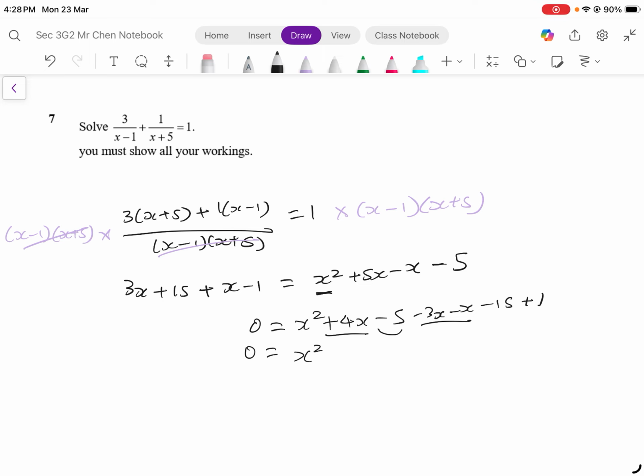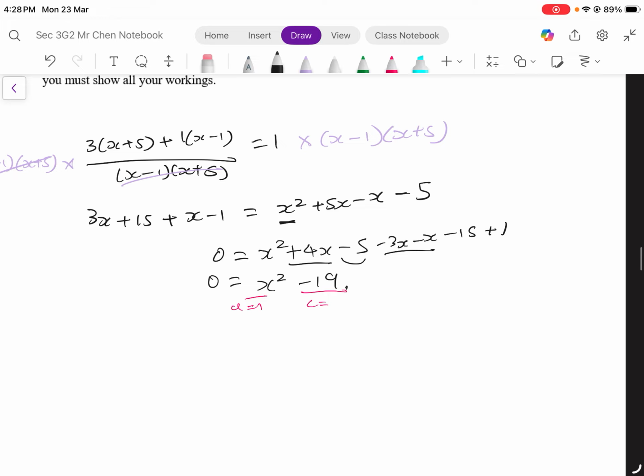So I will get x squared plus 4x minus 4x minus 5 minus 15 minus 20, minus 20 minus 19. Okay, so we don't have a b, right? Our a is 1. Our c is minus 19. Our b is 0. Okay, b is 0 because there's no x term. So again, same thing, x equals minus 0 plus minus square root of 0 squared minus 4a times minus 19, over 2.